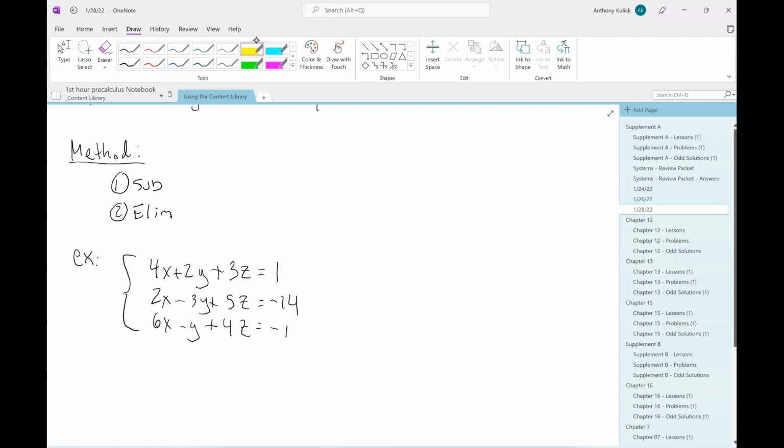So here's my 3-variable system. We'll do this with substitution first, and then we'll do an elimination example after that. Sound okay?